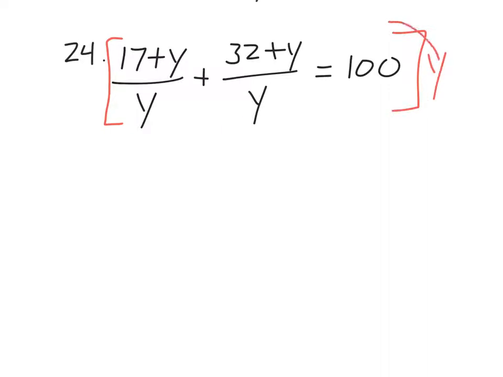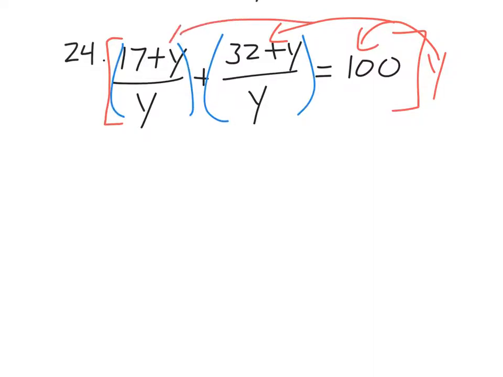And so as long as I distribute that to everything that we see, this being a whole term, this is one term. This is another term. So as long as I multiply every term, then I'm allowed to do this. And so the beauty of this is that when I take this y and I distribute it all the way over here, it's going to cancel this y. And so then we're just left with 17 plus y.